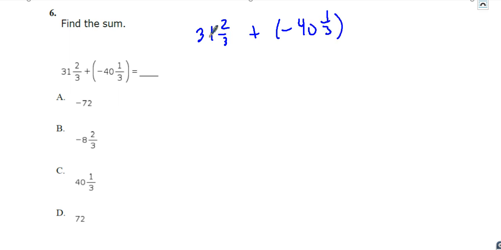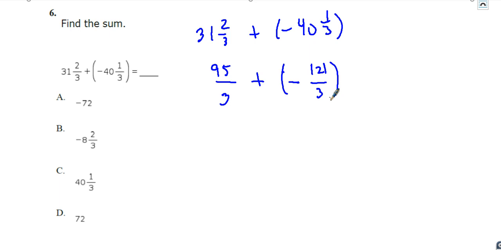31 times 3 is 93 plus 2 is 95 over 3, plus negative 40 times 3 is 120, plus 1 is 121 over 3.